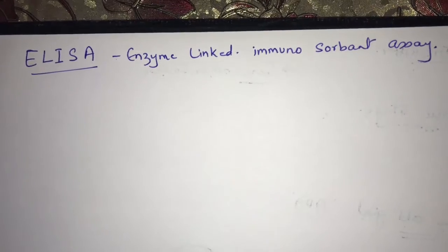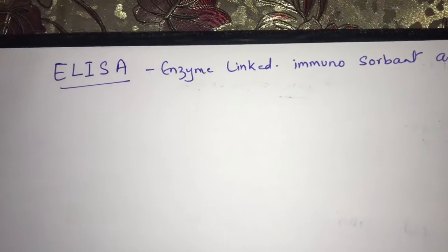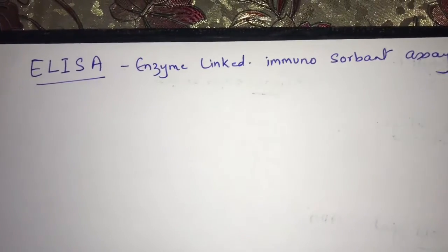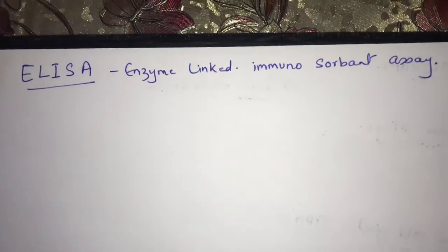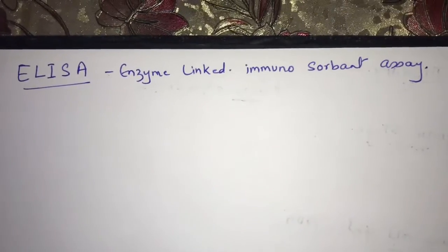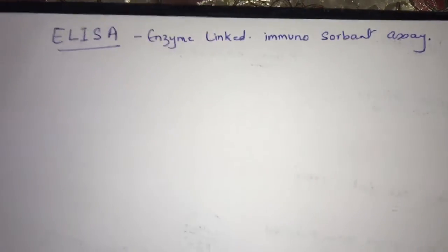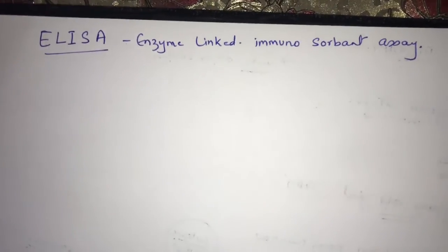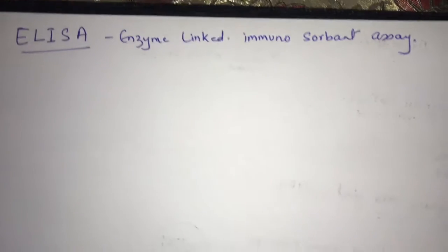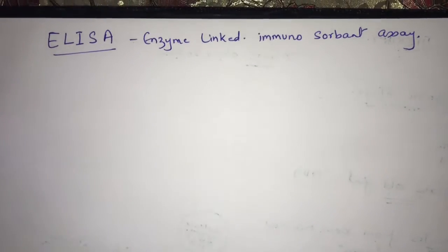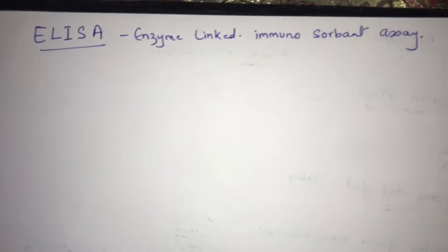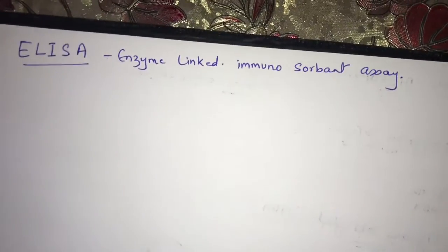It is detected on the basis of antigen antibody interaction. Antigen, you know, is the protein which is produced by the pathogen, the disease causing organism, and antibody is the protein that is produced by our body in order to fight against those pathogens. So based on how antigen and antibody interact with each other, the disorder is detected.